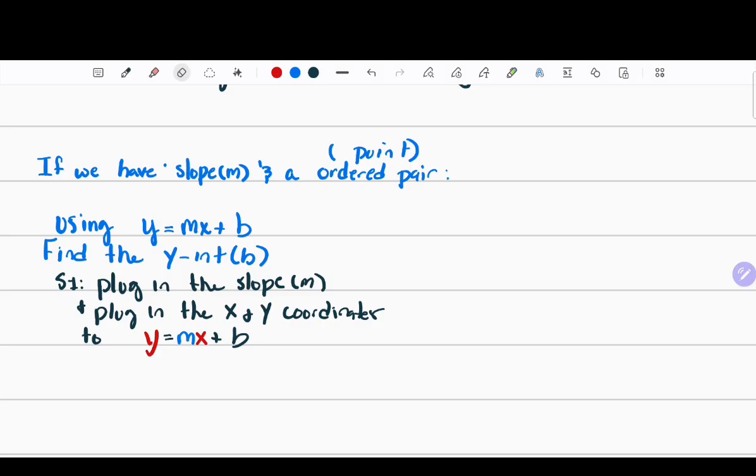Then step 2 would be isolate b, which is your y-intercept. After you do that, you found the y-intercept.